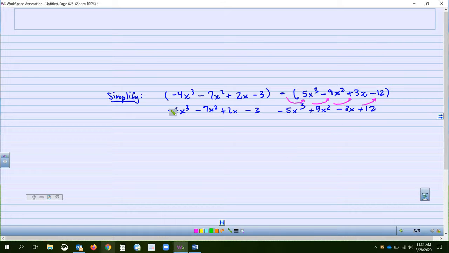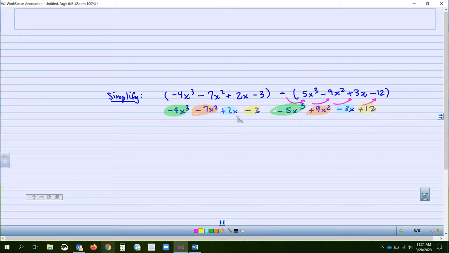All right, here we go. Now that we have simplified that, we are ready to combine like terms. And when I pick these like terms, you'll notice I'm grabbing the term and whatever operation is in front of it as well.